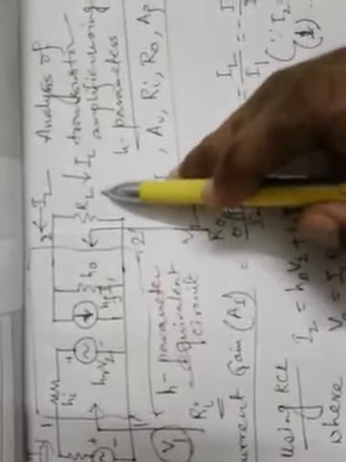Now in this equation, let us substitute in place of V2. At the output circuit, you know that V2 is IL RL. And IL is opposite to I2, so this can be written as minus I2 RL.